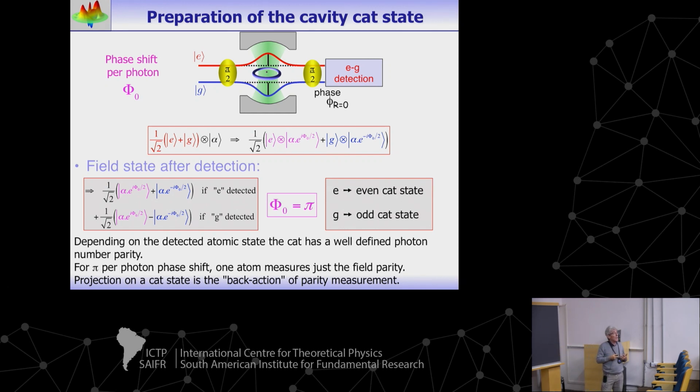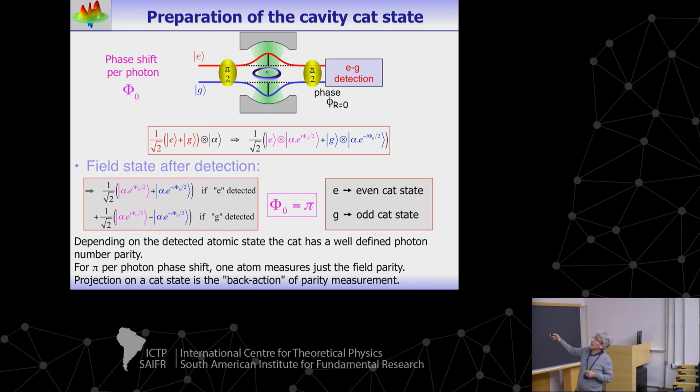That's the way to get a quantum interference between the 2 components of the Schrodinger cat state. And when detecting the atom either in E or G, the field state is projected either in the superposition of the 2 fields with different phase, with plus or minus.